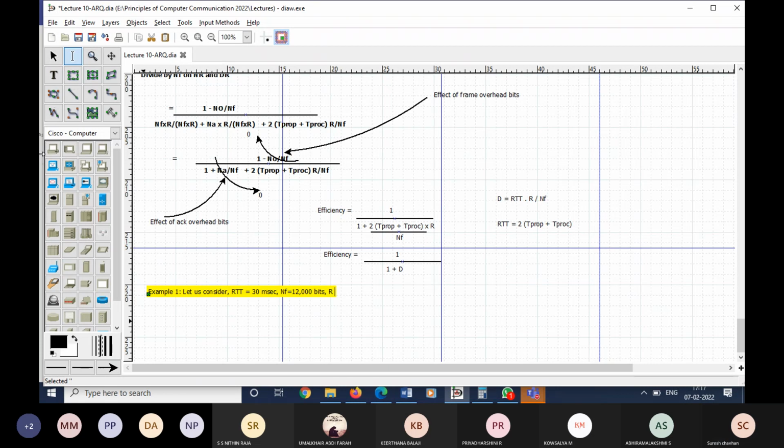And R, that is the channel transmission rate, is 1 Gbps. Now can anybody calculate the efficiency using the formula? Everything is ready now. So we have to just put it into these formulas and get the efficiency. What is the efficiency?